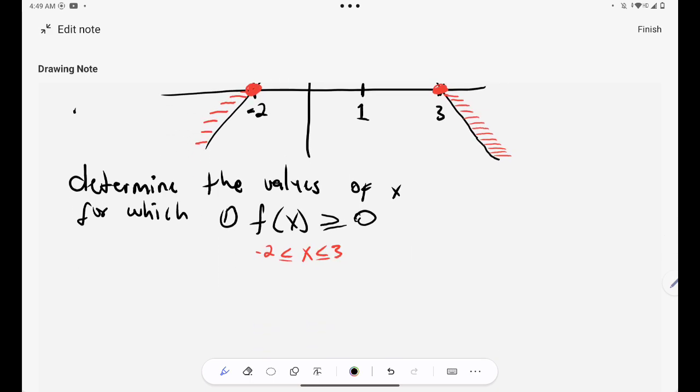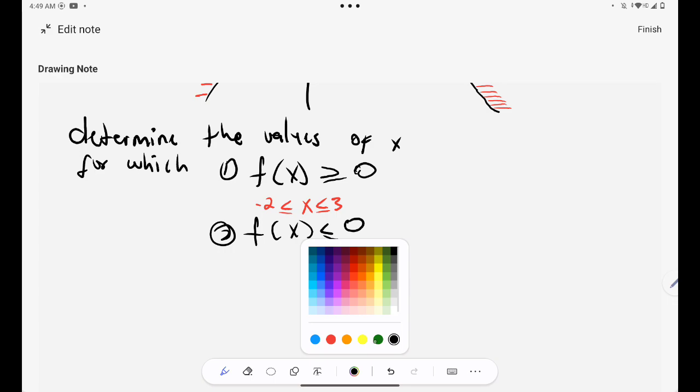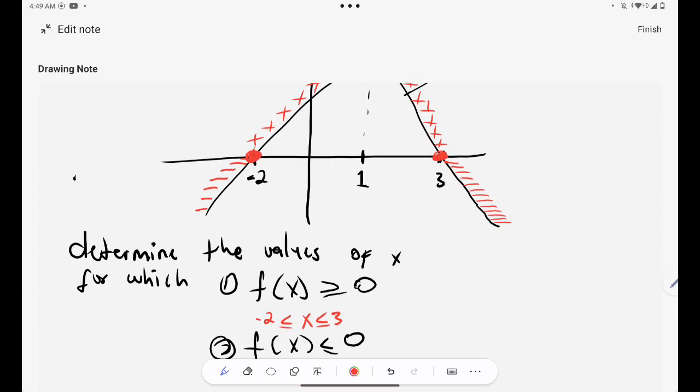Together, and then let's say the second question was saying determine the values of x for which f of x is less or equal to 0. Less or equal to 0 simply means it's negative. I know that my graph will be negative whenever it is below the x-axis. When I move from -2 going to the left, I can see that my graph will be below the x-axis.